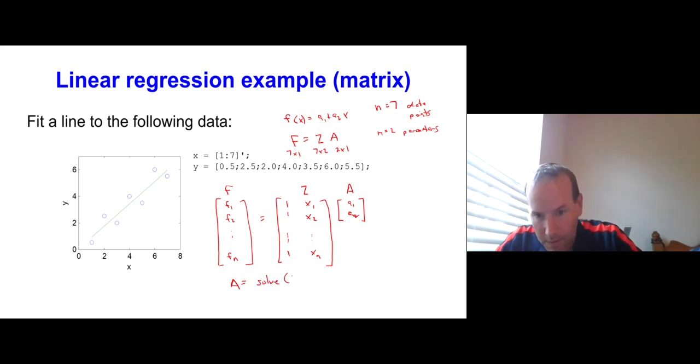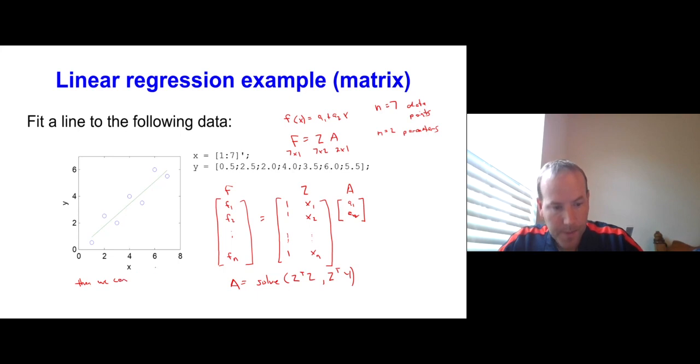so that A equals solve ZTZ, ZTY. Okay, and then we can make new predictions with f equals ZA.